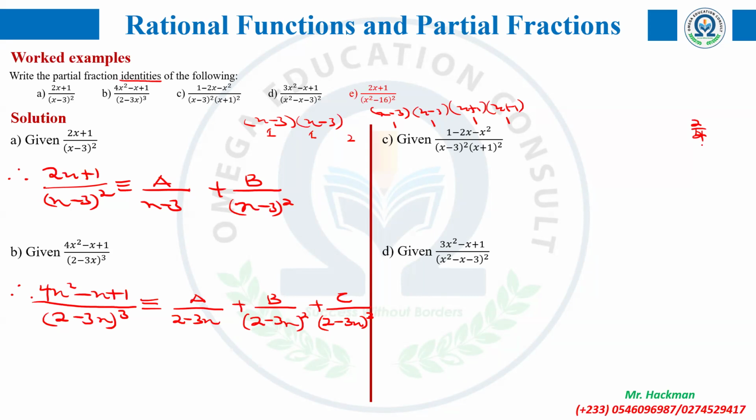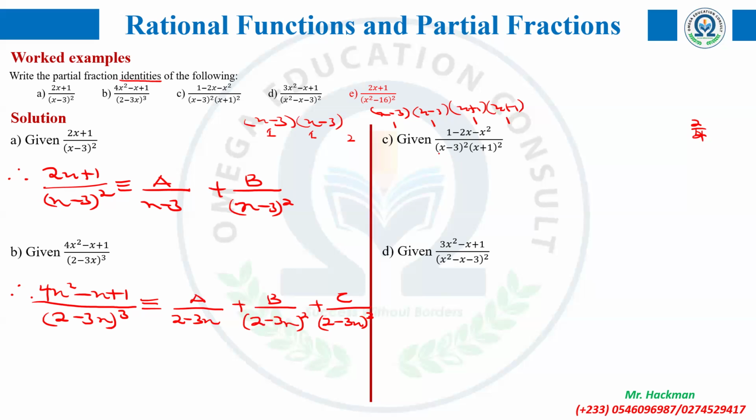Okay, so once it is 2 over 4, once it's proper, your next point, of course, should be the denominator. But the denominator this time around, you can see that you have 2 factors that are repeated. One of the factors is x minus 3, and the other factor is x plus 1. True or false? True. But you can see that each of the repeated factors is linear.